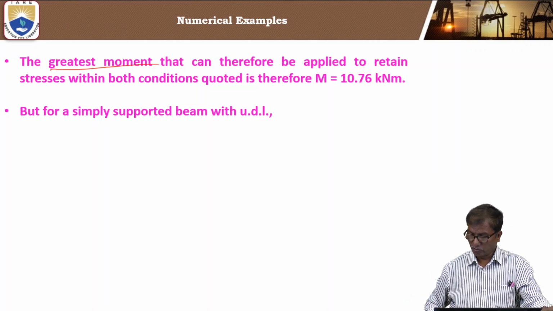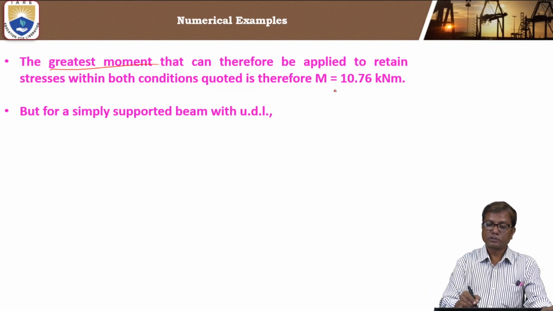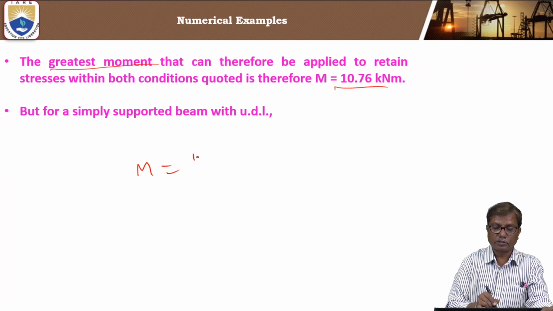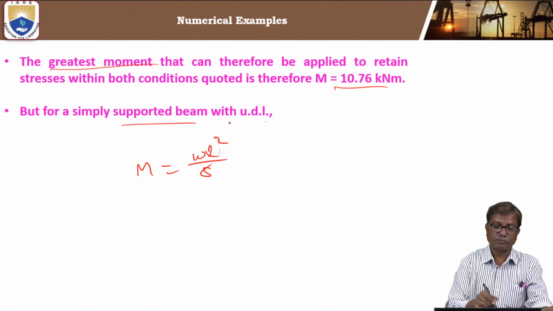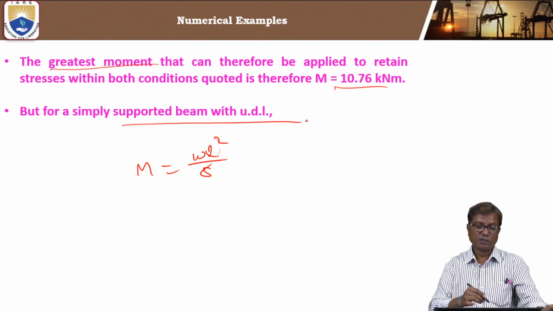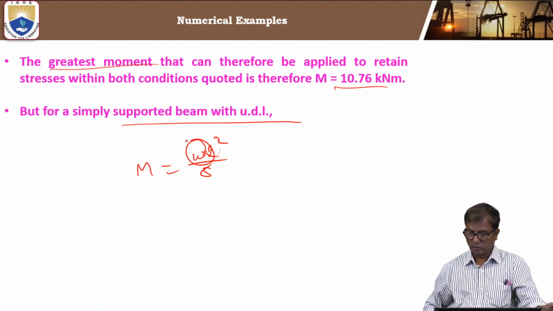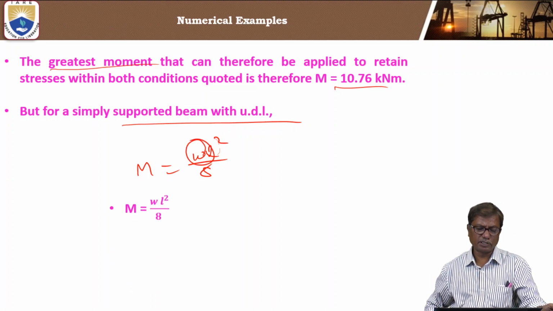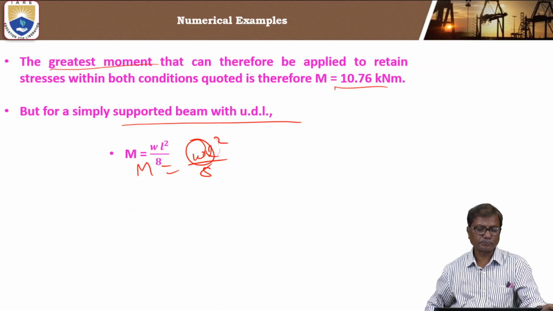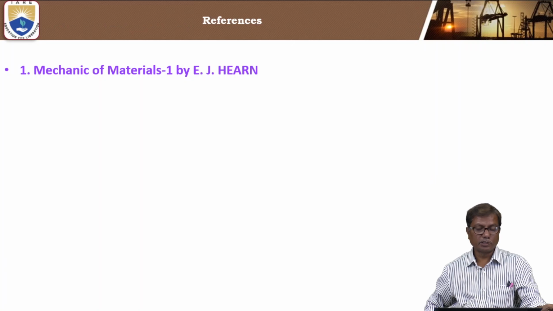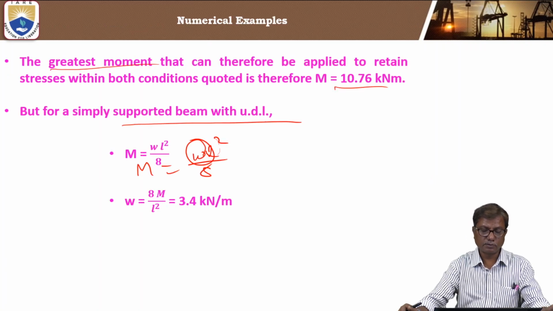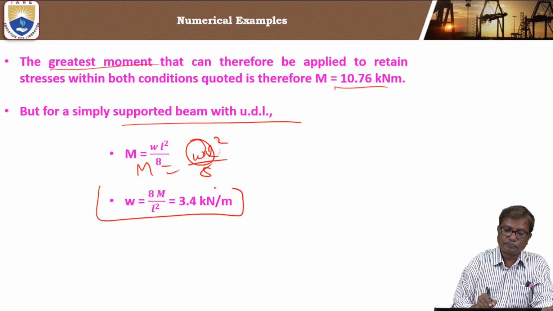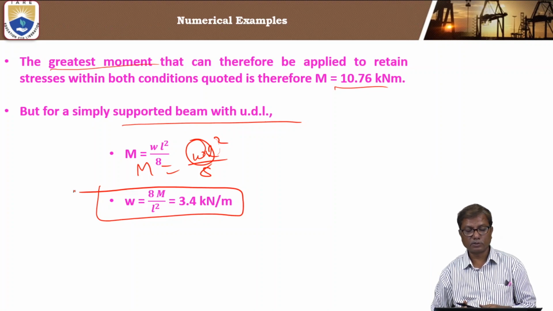And using the equation WL square by 8 for a simply supported beam with UDL, we will find the limiting load, limiting UDL, which is 3.4 kilonewton per meter.